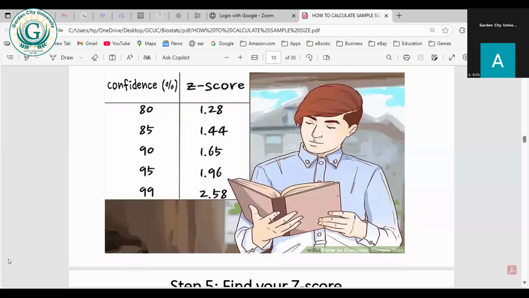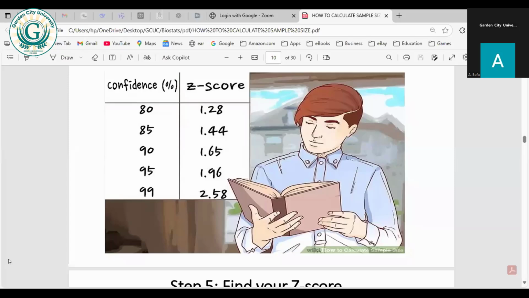So the same thing goes for the confidence level. The moment you choose this confidence level, then you call for its respective Z-score. The moment you get that Z-score, you are good to go.